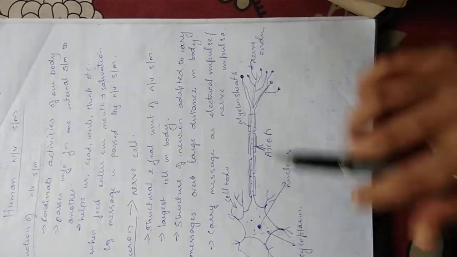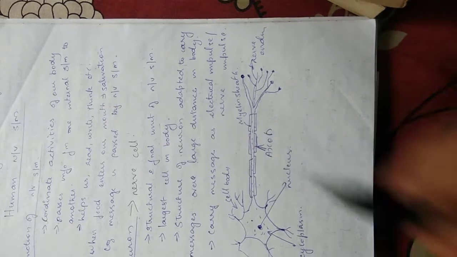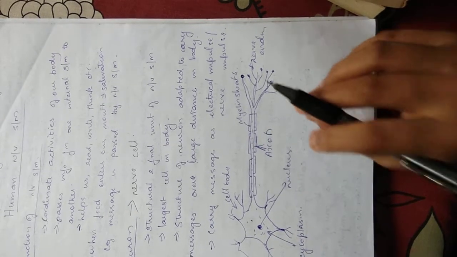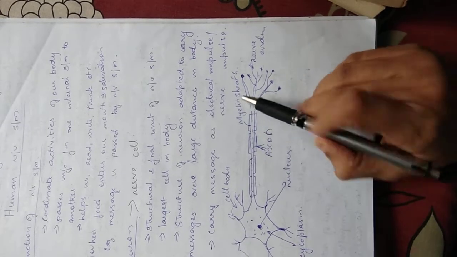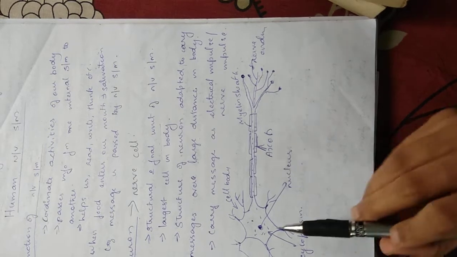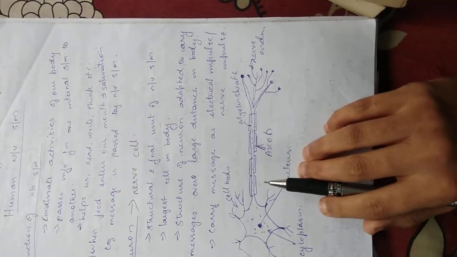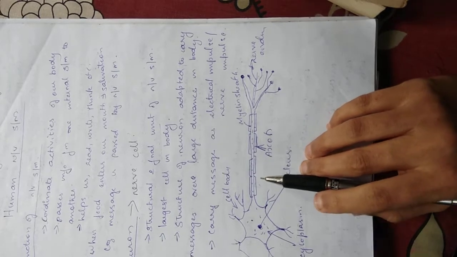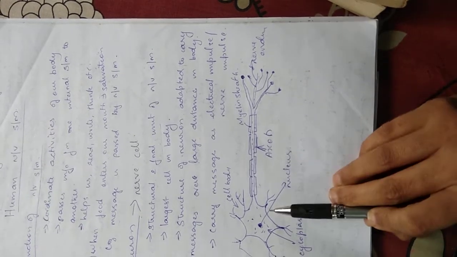How does it carry the message? We already discussed that it carries the message as an electrical impulse, or nerve impulse. Now coming to the structure, like any cell, the neuron also has a cell body.